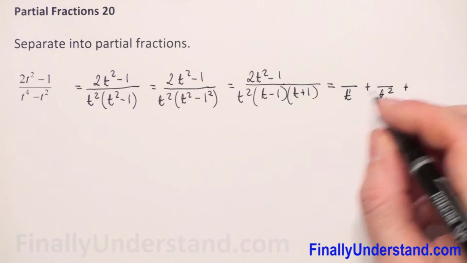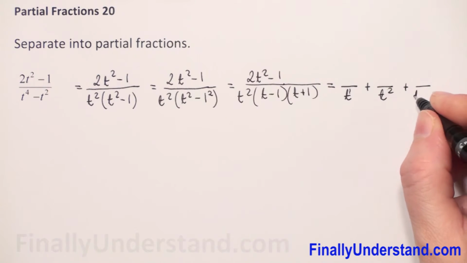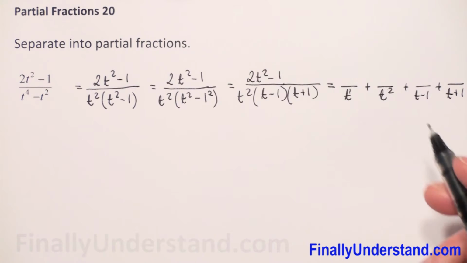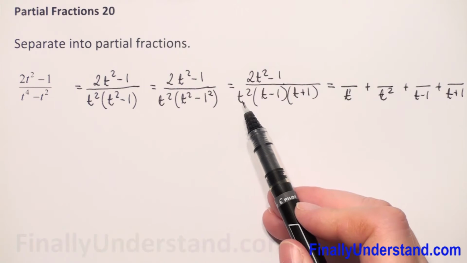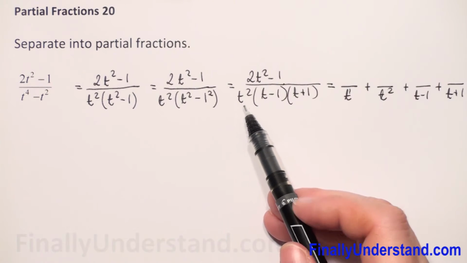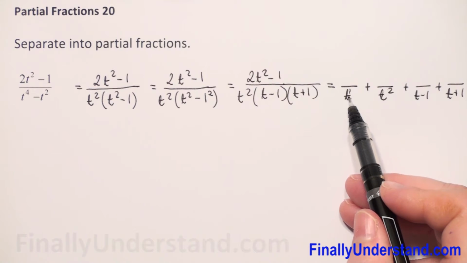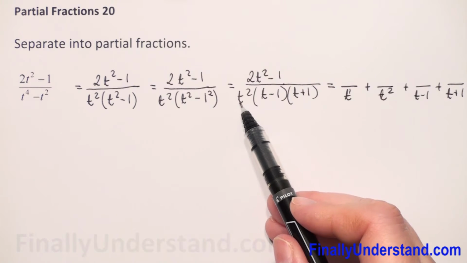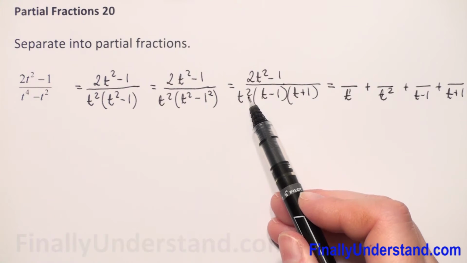And next we have t minus 1 is different, and we have t plus 1, so they are only 1 time. Always when the factors repeat, we have to start from the first power and rewrite this factor, in this example 2 times, because the power is 2.